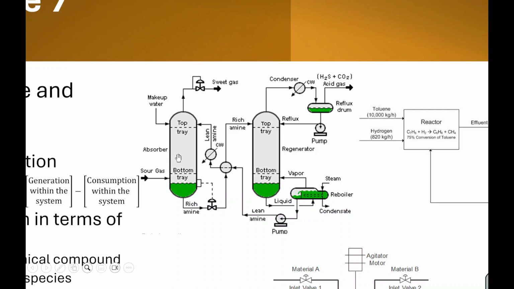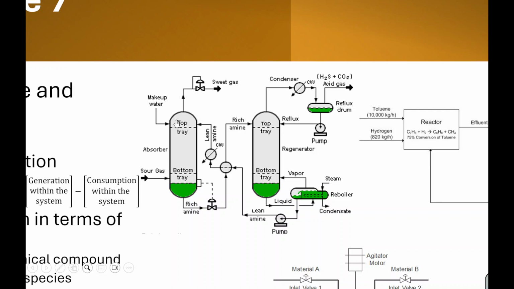If you see the first figure given here, this is an absorber stripper system. The absorber absorbs a particular gas from a mixture of gases. In this case, it may be CO2, and then H2 or H2S.